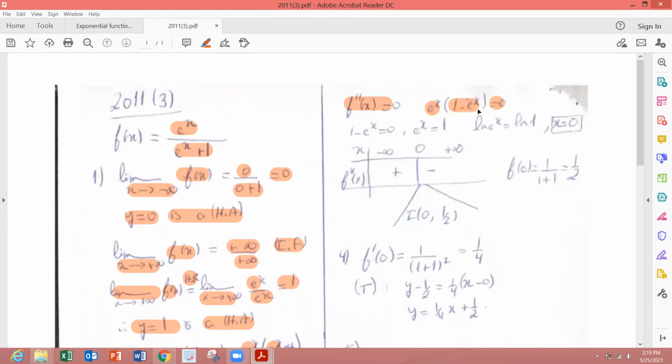As you know, e^x is always positive. We don't take it equal to 0. We take the second factor, 1 minus e^x equal to 0. It means that e^x equal 1. Ln the two sides. Ln e^x equals ln 1. Ln e^x is x. Ln 1 is 0. So x equals 0.